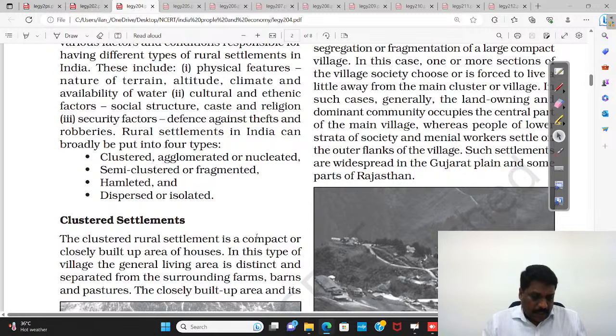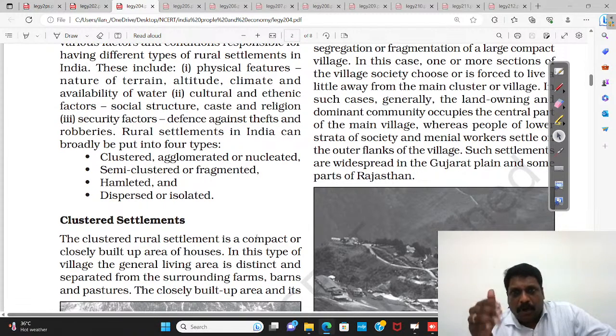And one more thing, in agriculture, with the green revolution, we have not achieved something called scale neutrality. What is scale neutrality? Normally you call it economy of scale. If I have a larger land, my cost per hectare or acre of land will be less.